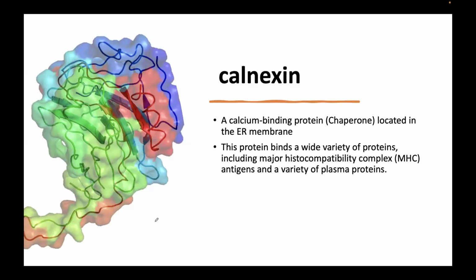So what is calnexin? Cal, or calcium, it's a calcium binding chaperone. This is found in the endoplasmic reticulum membrane. And it plays a very important role in binding with the MHC, the major histocompatibility complex. Aside from binding with the major histocompatibility complex, it also binds with plasma proteins.